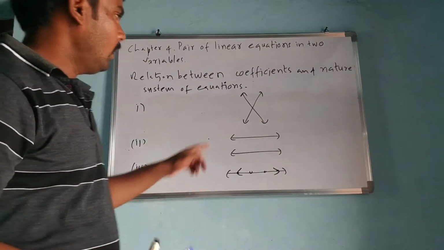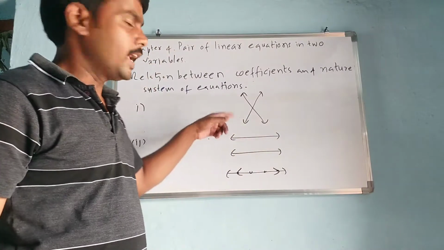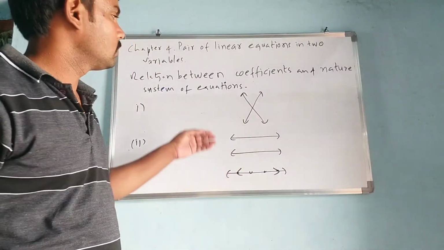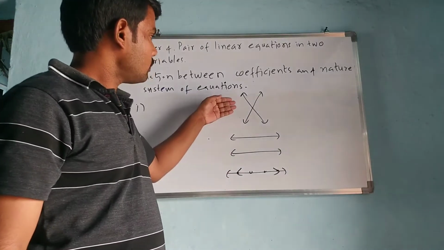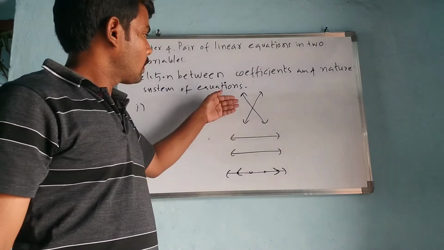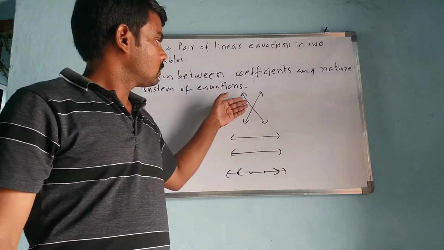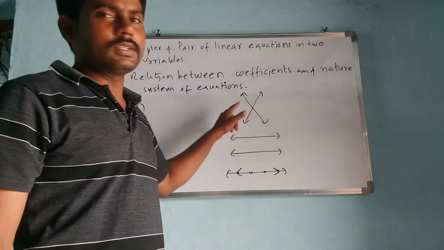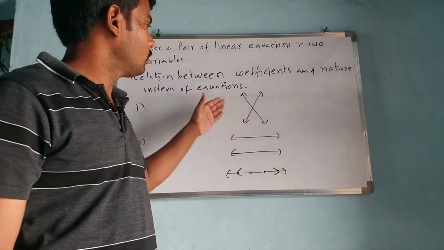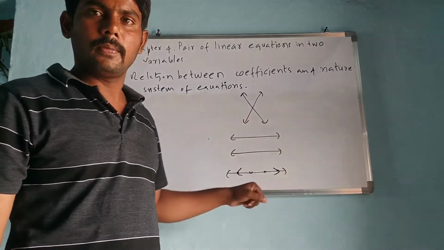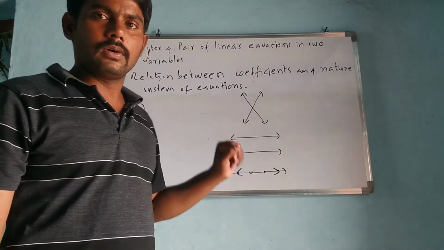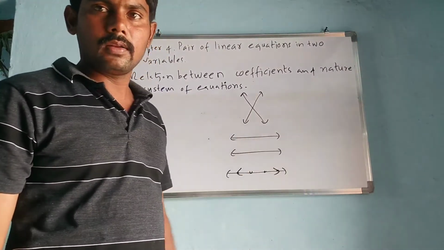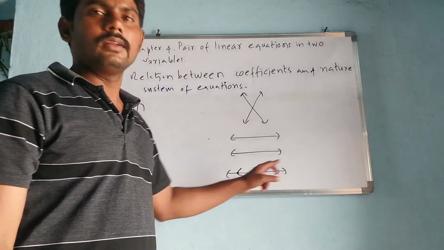So why I am explaining these situations is, generally, how do we know whether two lines are intersecting? When are two lines parallel? When are they coincident?